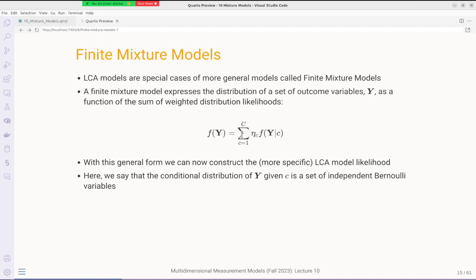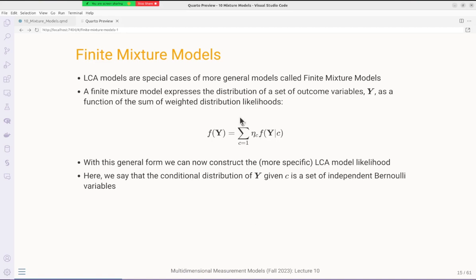Basically, for each person, before we collect their data, we know the probability they're in each class. It's this probability. And then once we collect their data, we can update it, and now they'll have a posterior probability for each class. So in many ways, this is like what we would call a Bayesian model, although I would call it an empirical Bayesian model, because the class-specific parameter for each person is actually not this thing. It's a categorical distribution. They have a chance of being in each class.